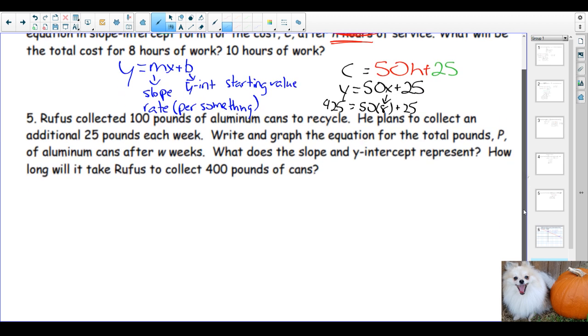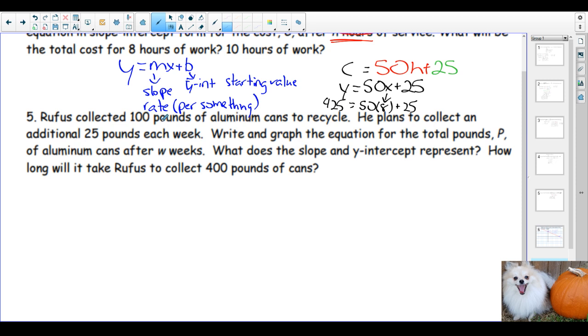All right, next one. Rufus collected 100 pounds of aluminum, plans to collect an additional 25 pounds each week. Write and graph the equation for P, total number of pounds. Okay, so again, mx plus b gives us two numbers. We're looking at 100 and we're looking at 25.